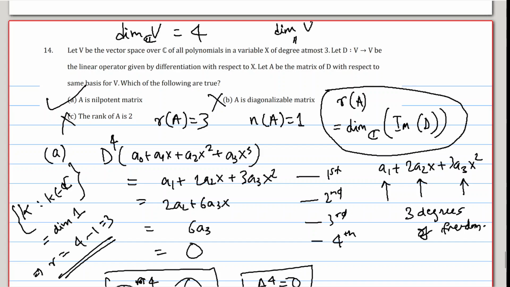But if we take V as complex, this will be 8. Over C it will be the same only, nothing to worry. When you take dimension over R, then you have to choose.